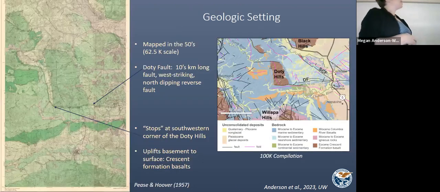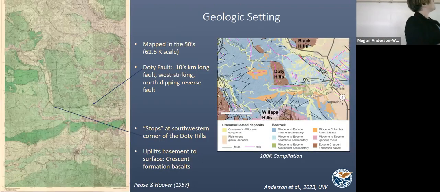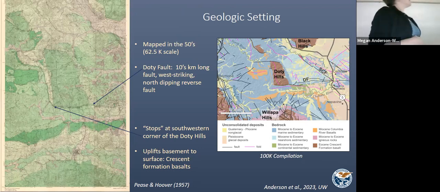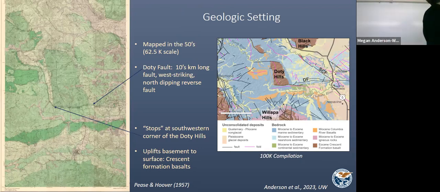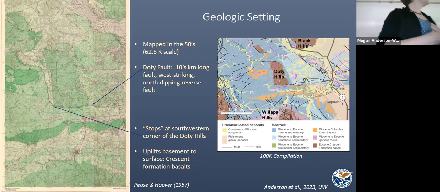A little bit about the geology there. The geology was mapped in the 1950s at 62,000 scale. And you can see the simplified geology off to the right. The big fault in the area is called the Doty Fault. And it's tens of kilometers long from the 1950s mapping, a west striking, north dipping, reverse fault.